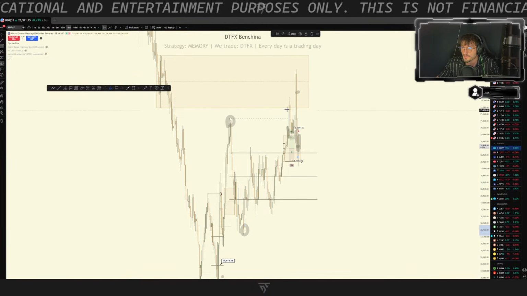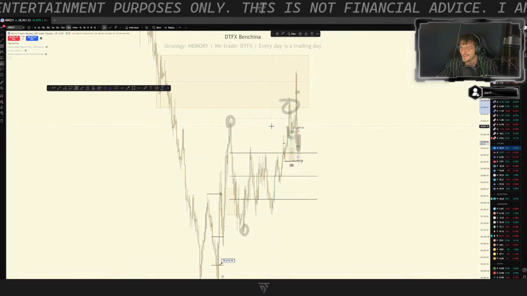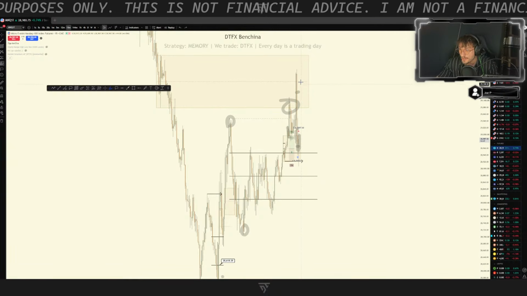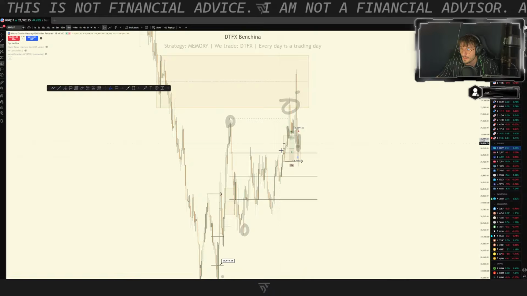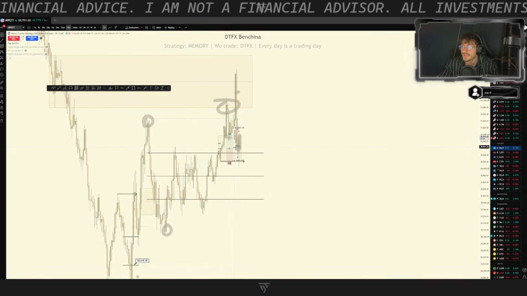We had closed up above with a body closure. I said on market open, if we do end up going higher, I will be taking that entry as a possible 1-to-1. Now why did I say that?